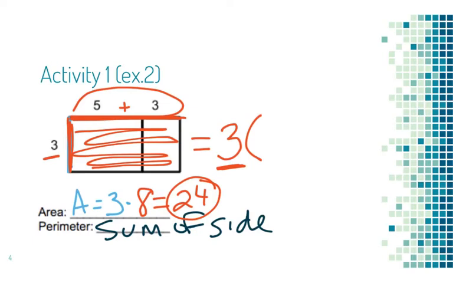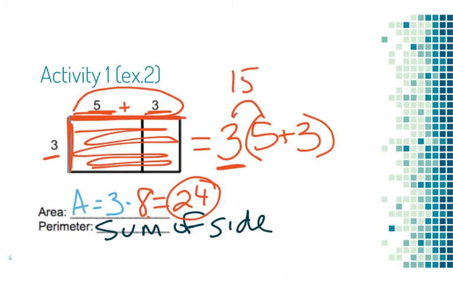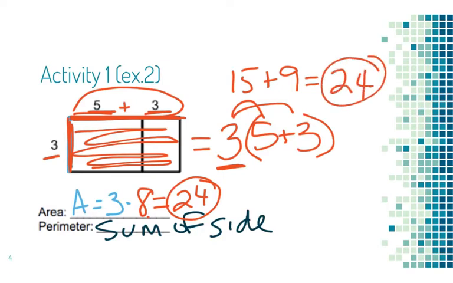I'm going to write it out as 5 plus 3. Okay, and if I follow my PEMDAS, 5 plus 3 is 8, and 3 times 8 is 24. I could also do distributive. 3 times 5 is 15, and 3 times 3 is 9. And guess what that equals? 24. You betcha. Okay.